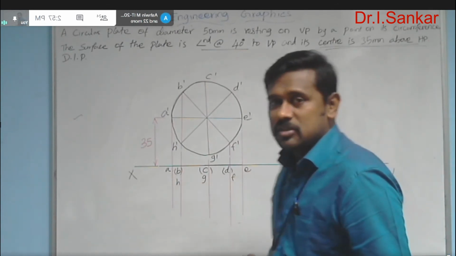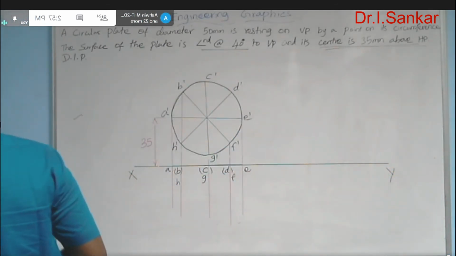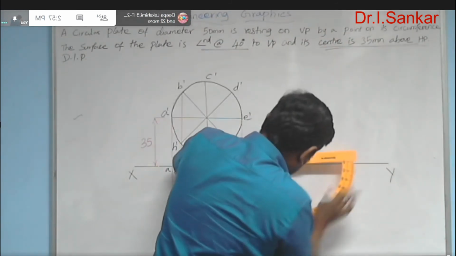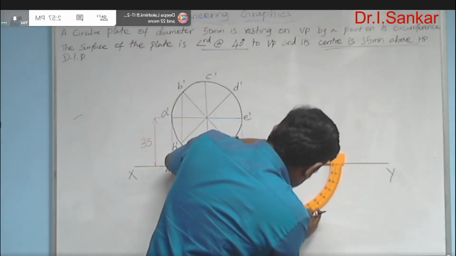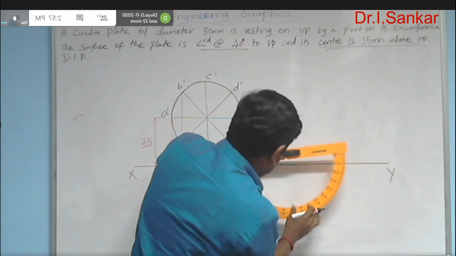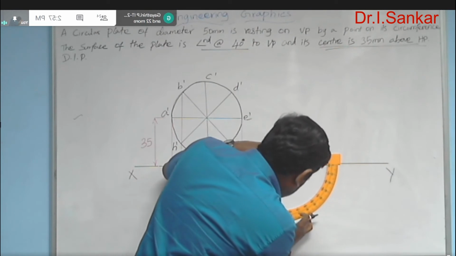So for that, first you need to draw the pilot line in the next station with 40 degree inclination.